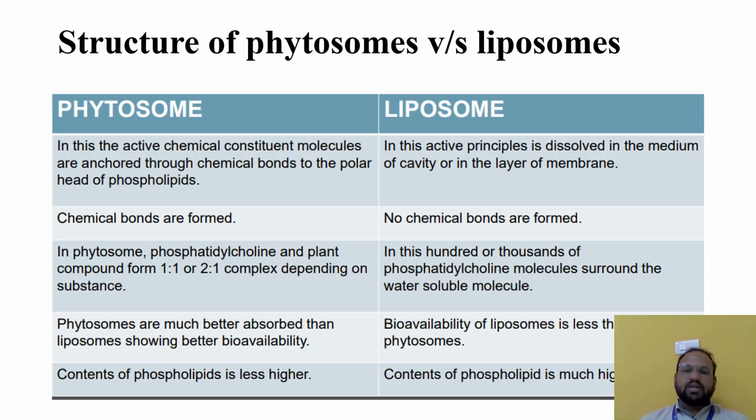Whereas in liposomes, hundreds or thousands of phosphatidylcholine molecules surround the water-soluble molecule. So phytosomes are much better absorbed than liposomes, showing better bioavailability, whereas the bioavailability of liposomes is less than phytosomes. The content of phospholipids is less in phytosomes, whereas it is higher in liposomes.